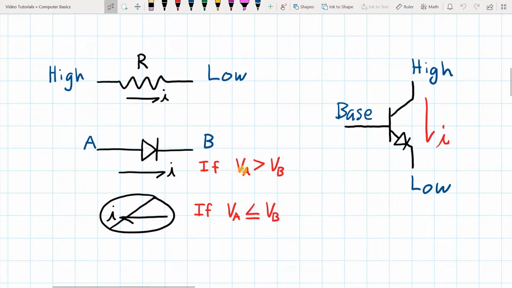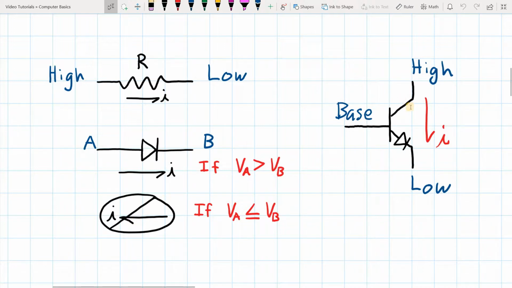So here, if the voltage at A is greater than the voltage at B, the current flows through from left to right through the diode. We cannot get the current to flow from right to left through the diode if the voltage at A is less than or equal to the voltage at B. We just don't see any current running through the diode.